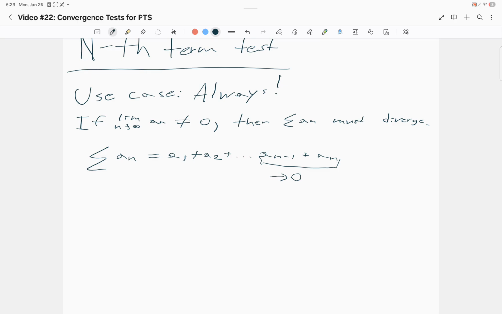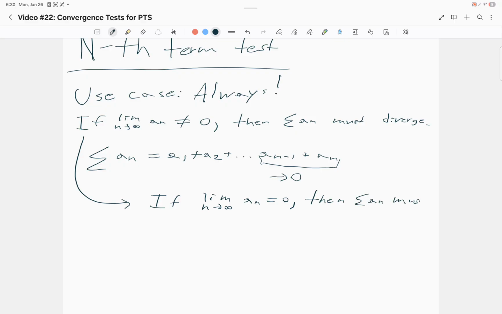A characteristic of a convergent series is that these terms go to 0. But one thing we don't want to do is say that the inverse of this is true. I was doing a contrapositive, sorry. If the limit of a of n equals 0, then it must converge.